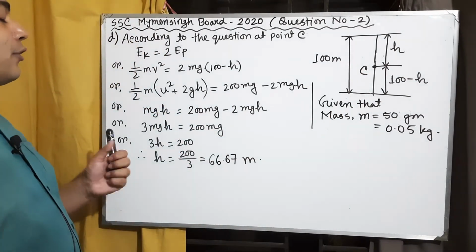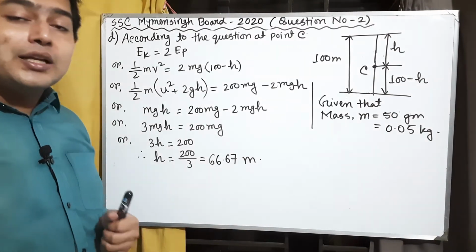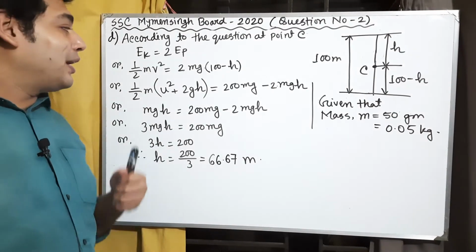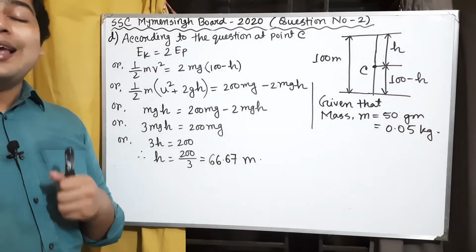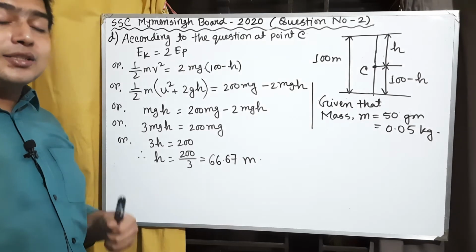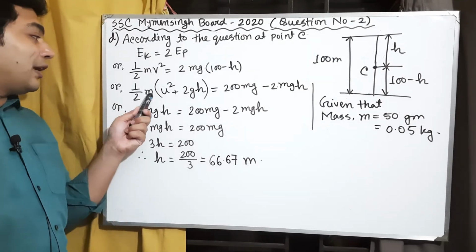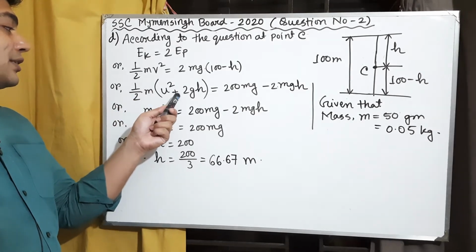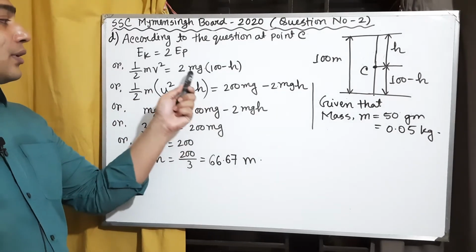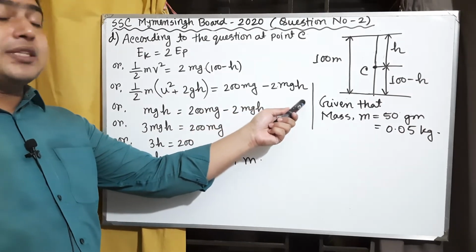From the equation of motion we know that v square equals u square plus twice as, or v square equals u square plus twice gh. So we can write half of m times (u square plus twice gh) equals 200 mg minus 2 mgh.